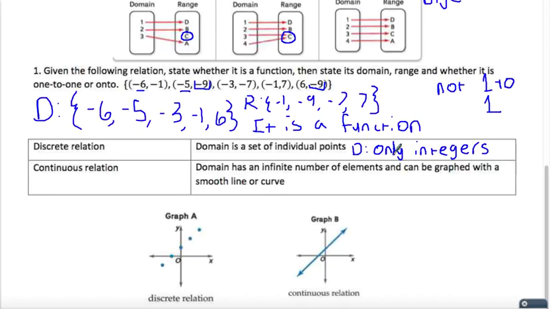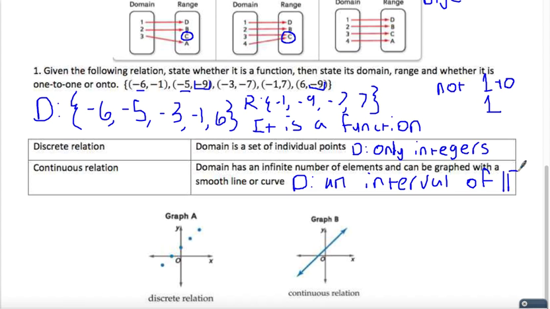As opposed to a continuous relation where there's an infinite number of elements and you would graph it with a smooth line. So in a continuous relation, the domain could be an interval of real numbers.